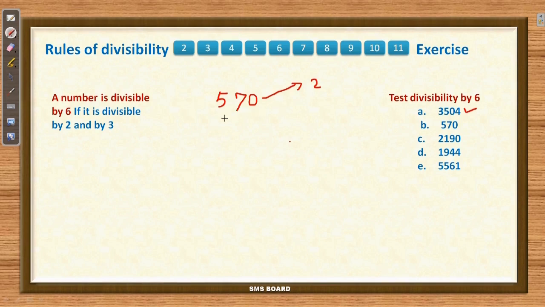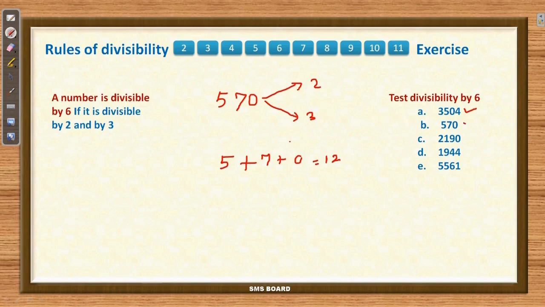We will find the sum of the digits: 5 plus 7 plus 0 equals 12. So this number is also divisible by 3. So 570 is divisible by 3. According to the rule, if a number is divisible by 2 and by 3, the number is divisible by 6.